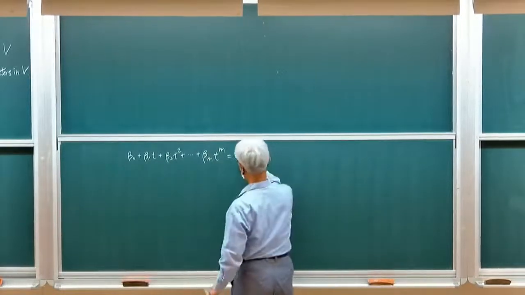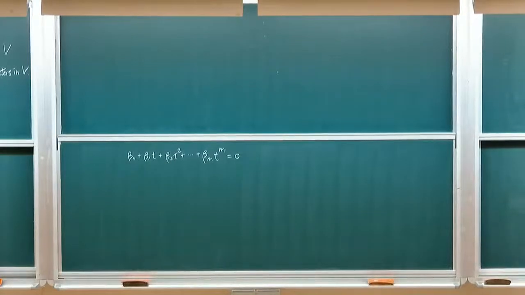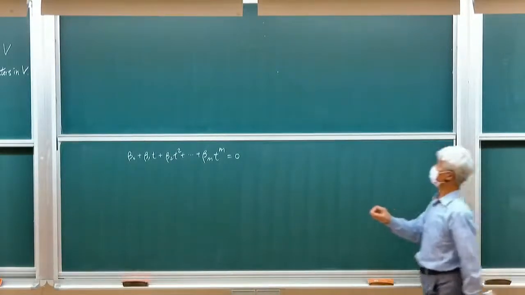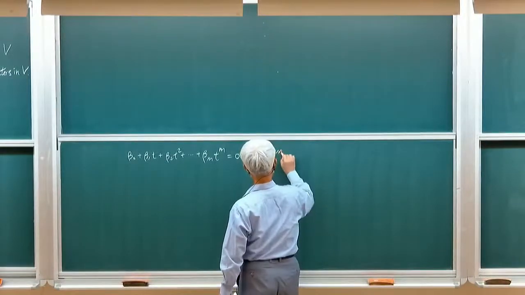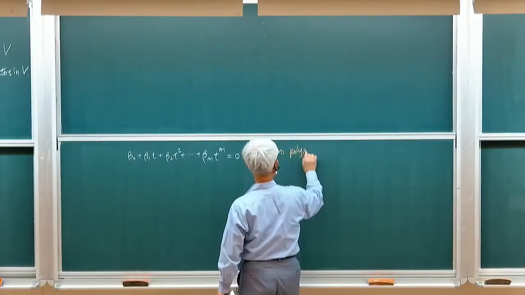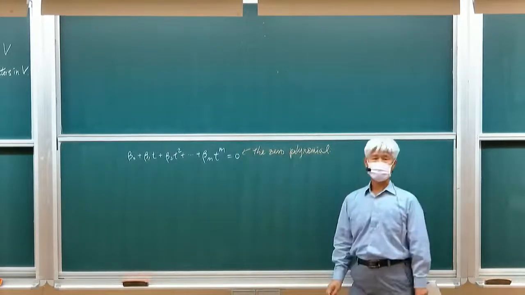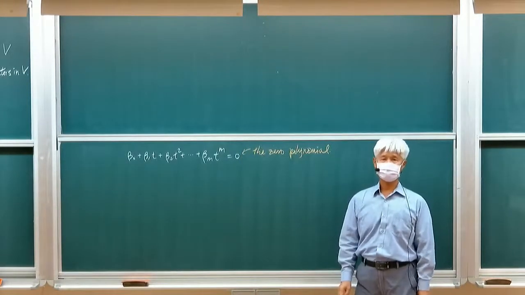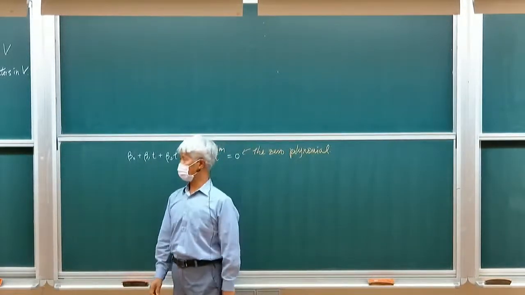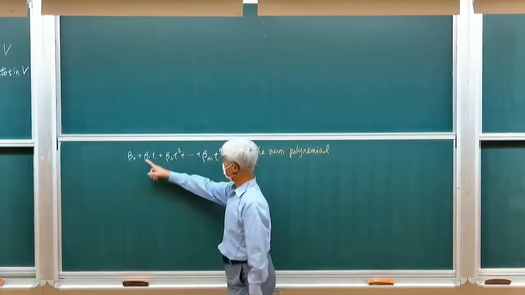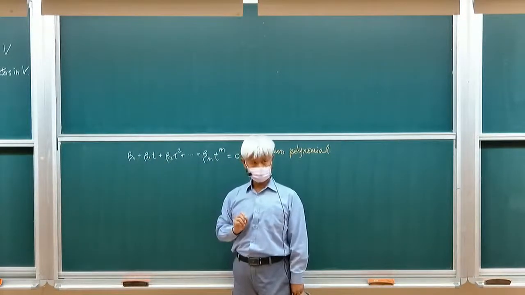So this 0 means the 0 polynomial. Okay, so you may argue, why do you put consecutive monomials together?